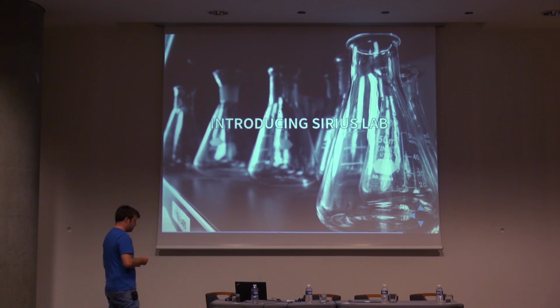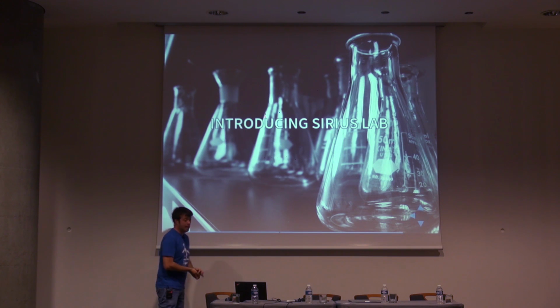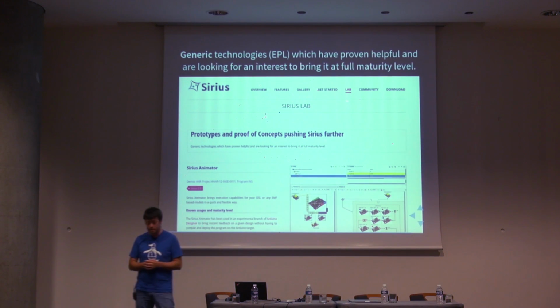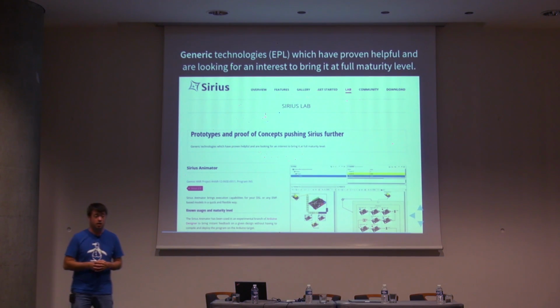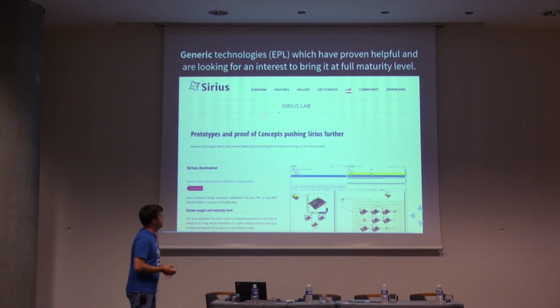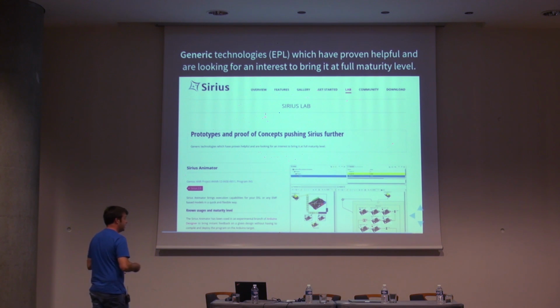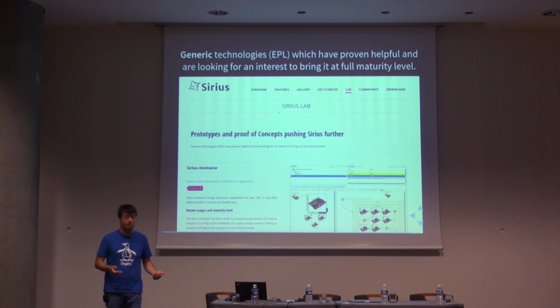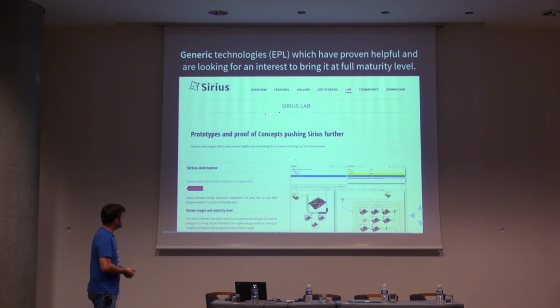So we created the Sirius Lab. Sirius Lab is actually a collection of technologies which are generic, which means they fit in the scope of Sirius. In the case of the Animator, it's generic in that it brings animation capabilities to any DSL, just like Sirius brings you the capabilities to define your tooling for any DSL.